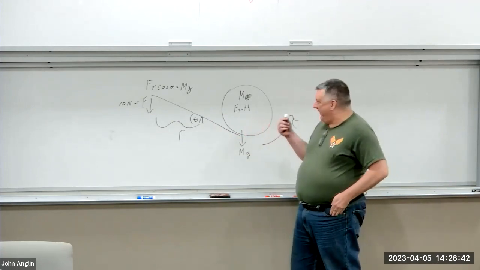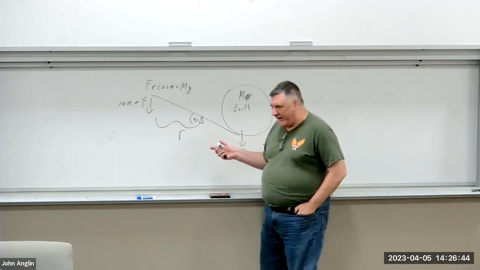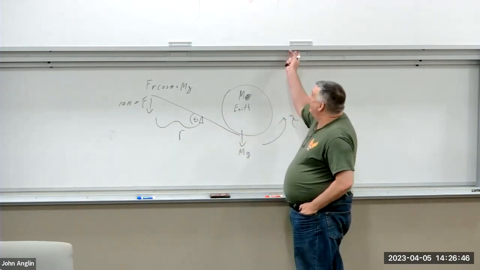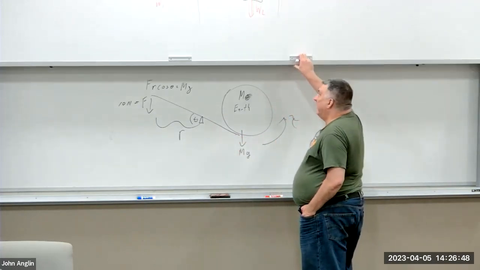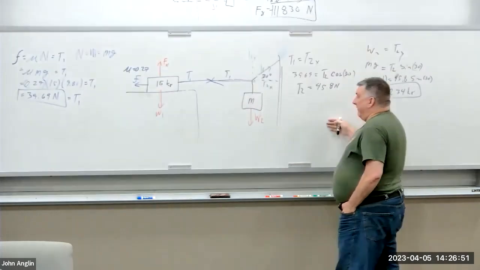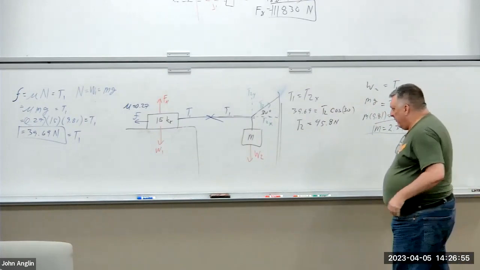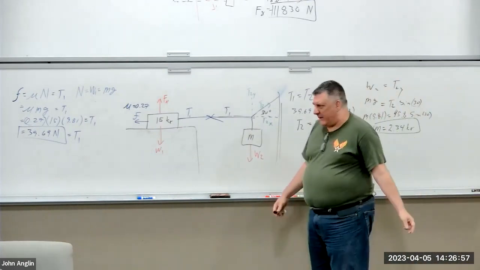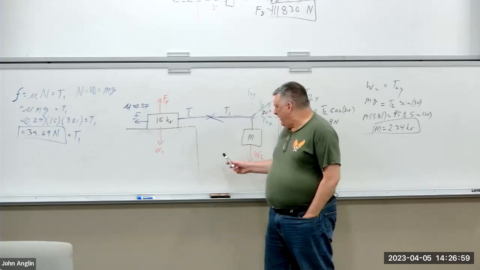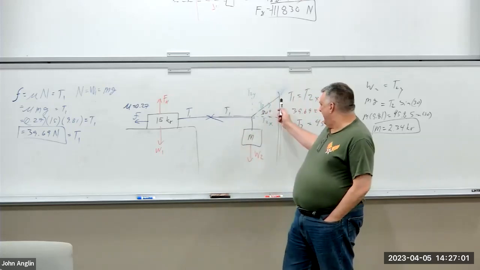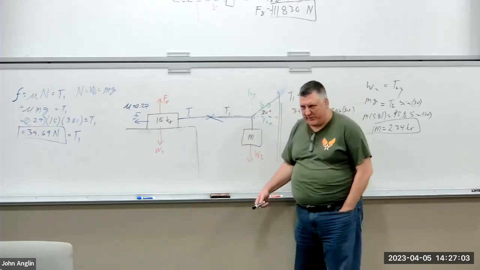And you can see how very easy these are to set up if you draw them correctly. Even this big complicated thing here. We had what looked like a reasonably complex system of two masses. We had this kind of weird tensioning system set up.